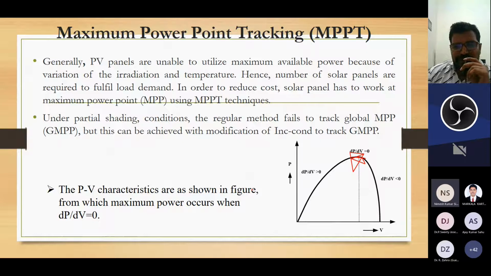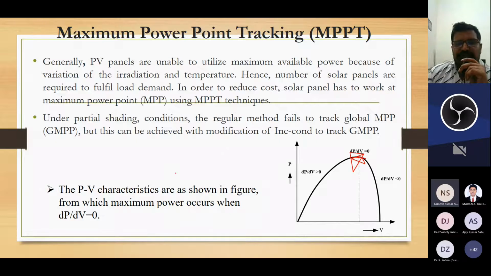While tracking the line, we may get a maximum power at a starting point, but it is not the original maximum power point; it is a local maximum power point. In order to track the global maximum power point, you have to further track the line. For that, the incremental conductance method is used to track the global maximum. Finally, at the point of maximum power, the rate of change of dP with respect to voltage is zero.